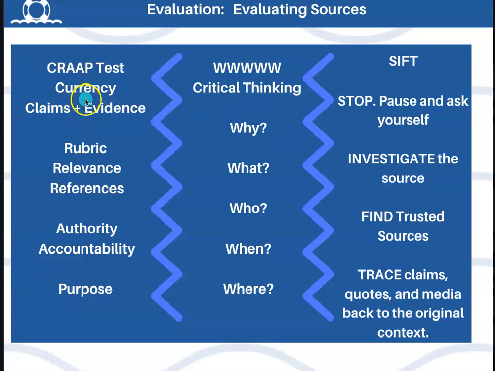Now, with CRAAP, you're worried about things like currency, and claims and evidence fit into SIFT. I'm just trying to show you these are all kind of the same thing. They're different frames of mind. Now, claims and evidence. If your article claims the sky is red, it needs to have evidence: the research, the person, the place that this information was found.